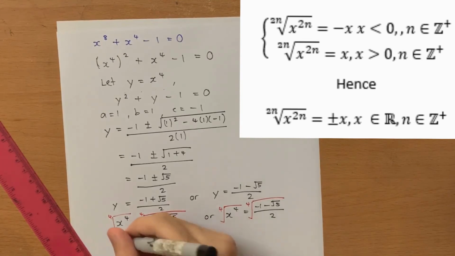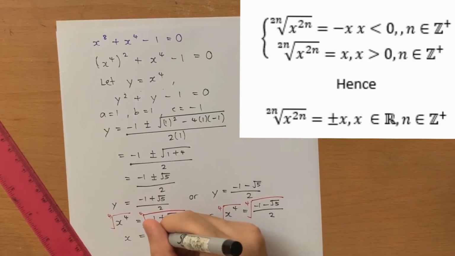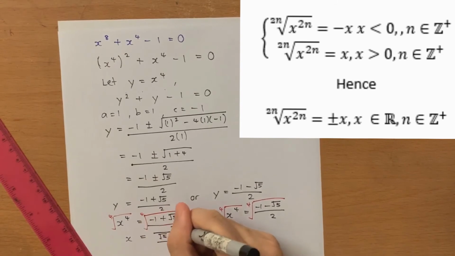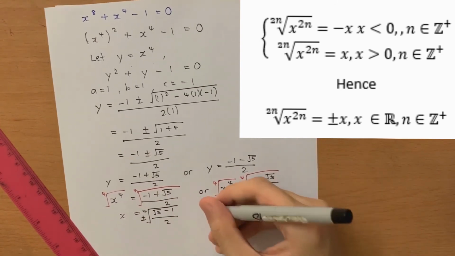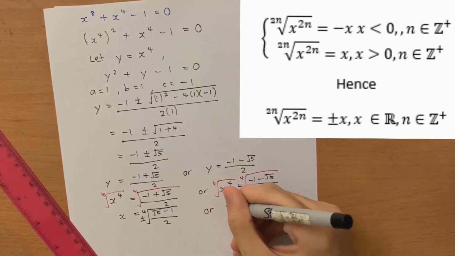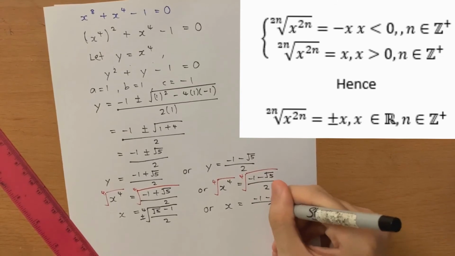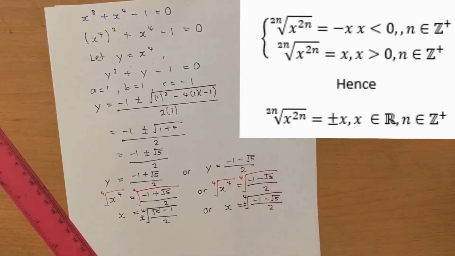So this is a bit complicated. So x is equal to the 4th root of square root 5 minus 1 over 2, with a plus minus, or x is equal to the 4th root of minus 1 minus square root 5 over 2, with a plus minus.